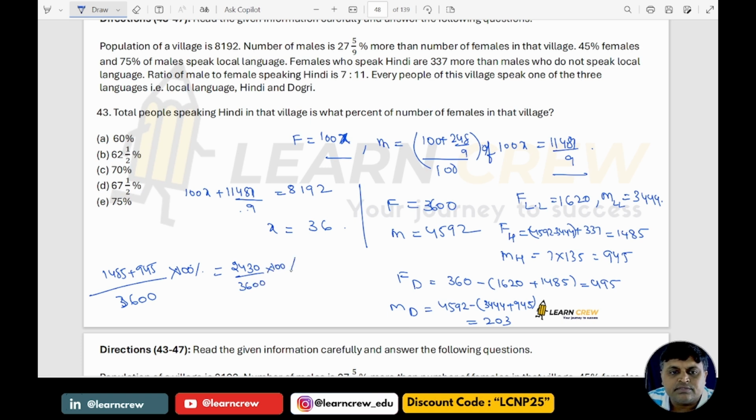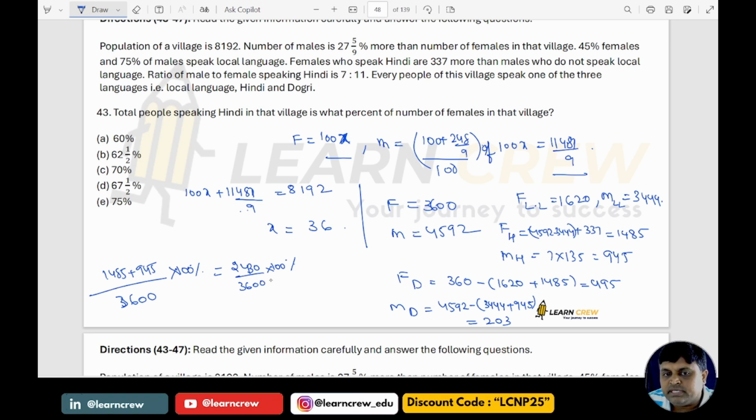This is the question. Let me check the addition: 14 plus 9 is 23, so 2300 plus 130, it is 2430 only. 2430 is what percentage of 3600?